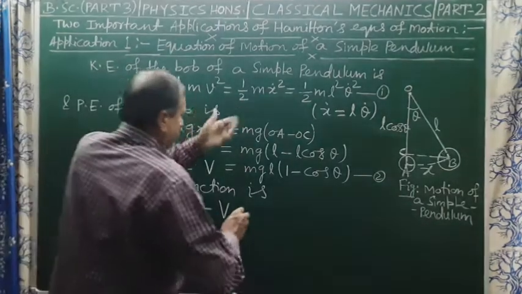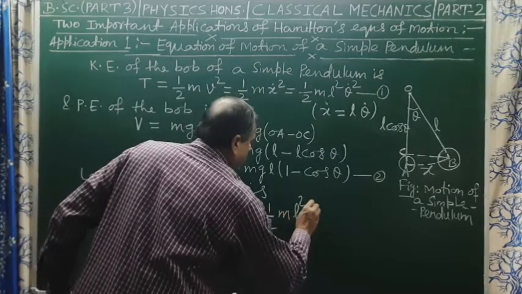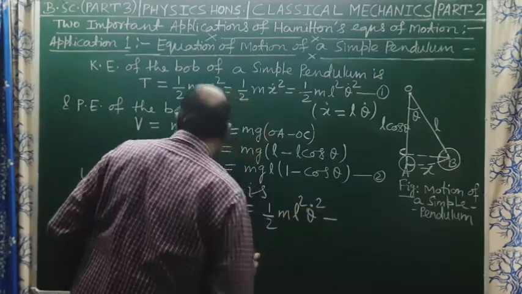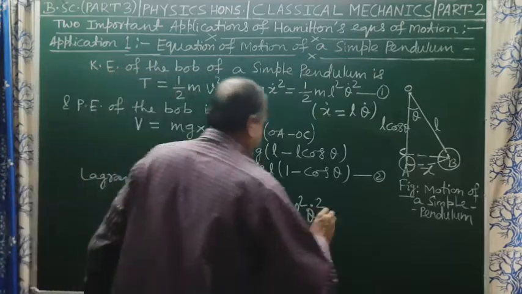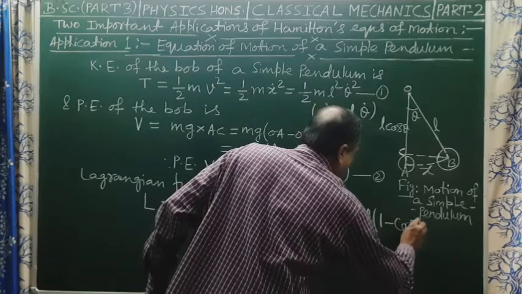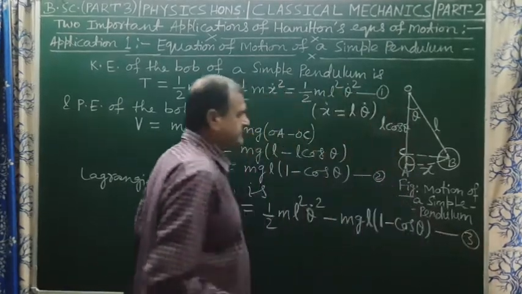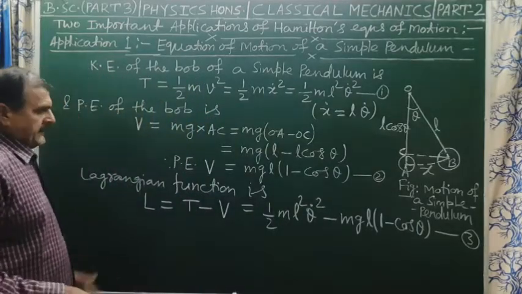T is 1 by 2 m L square theta dot square minus, and potential energy V is mgL (1 minus cos theta), and this is equation number 3, which is the Lagrangian function for a simple pendulum.